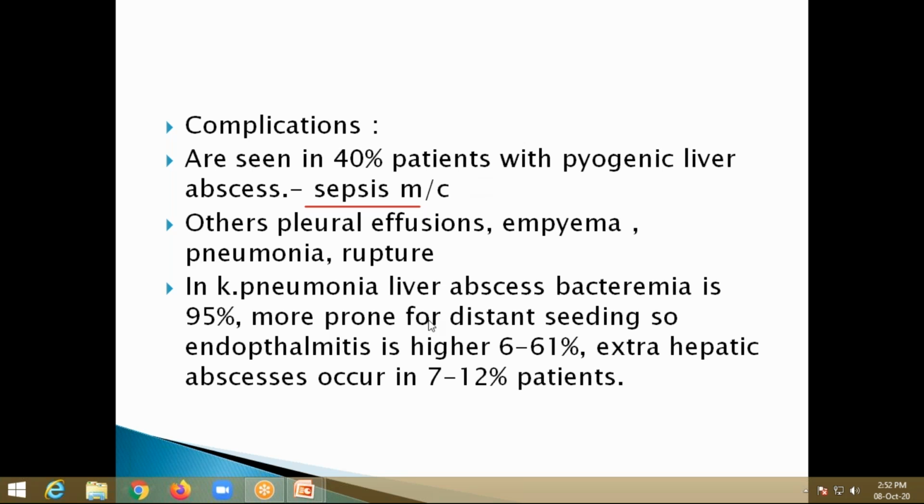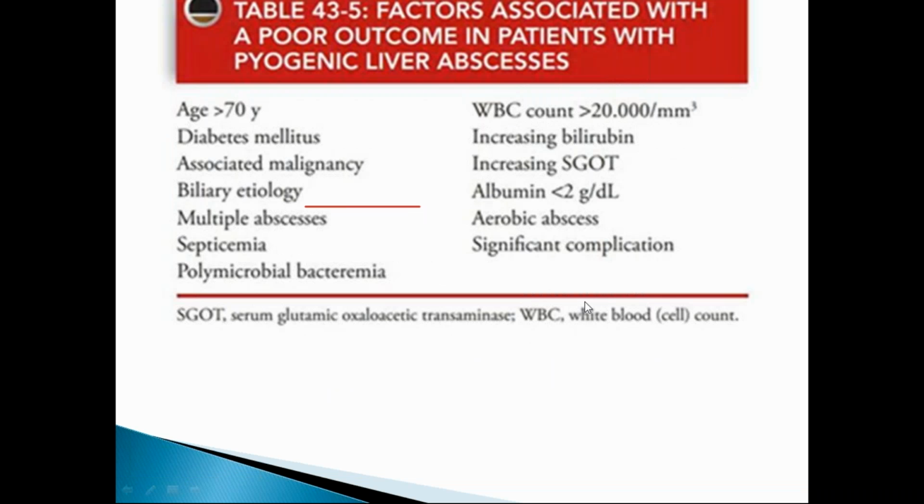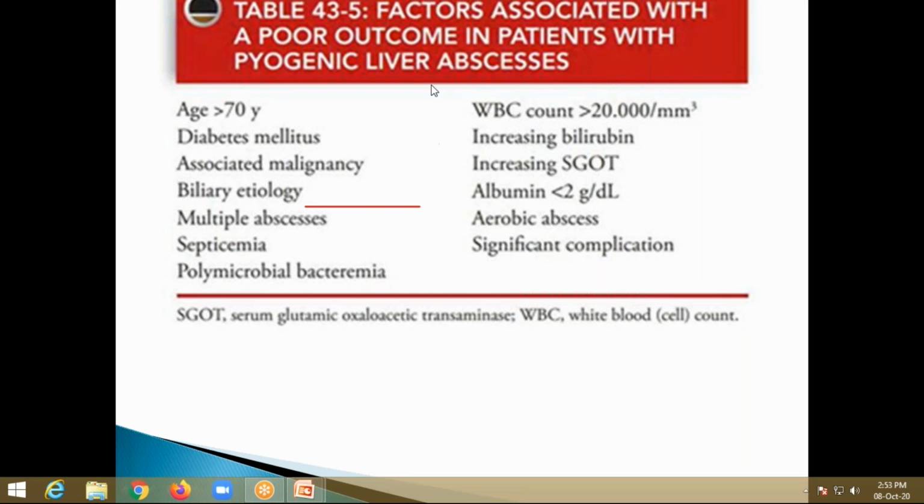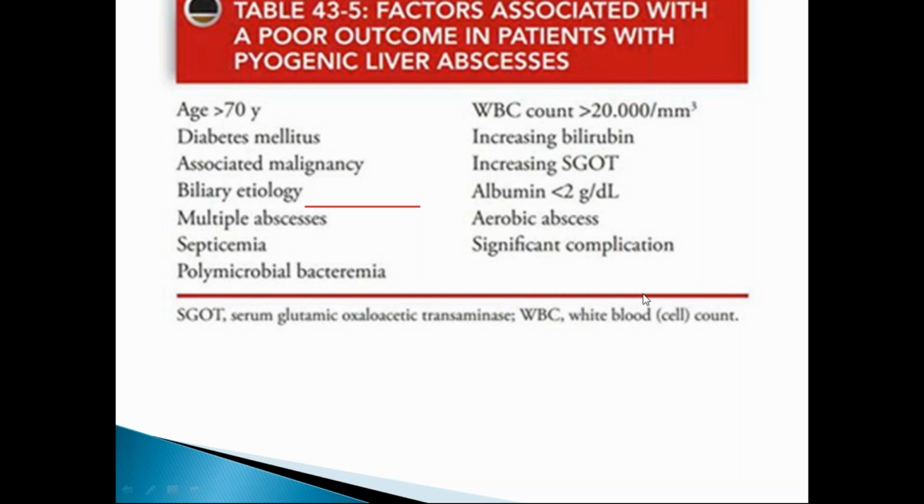With Klebsiella pneumoniae, bacteremia is 95%, so they are more prone to distant seeding, endophthalmitis, extrahepatic abscess, etc. So factors predicting poor outcome are diabetes, malignancy, higher age, biliary pathology, multiple abscesses, septicemia, polymicrobial infection, raised total count, albumin very low, less than 2, anaerobic abscess, significant complications, etc.